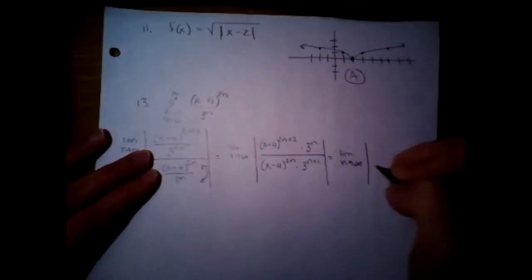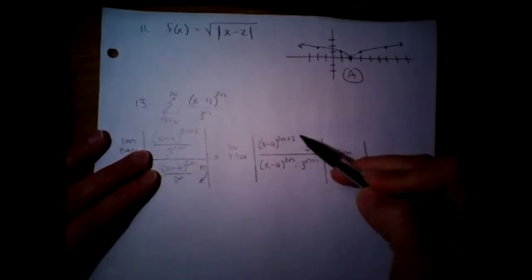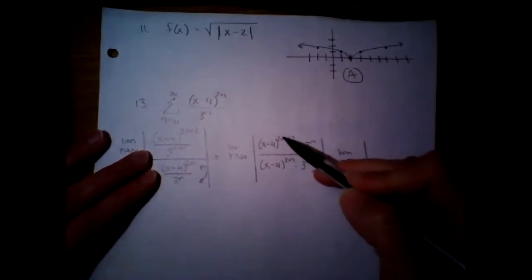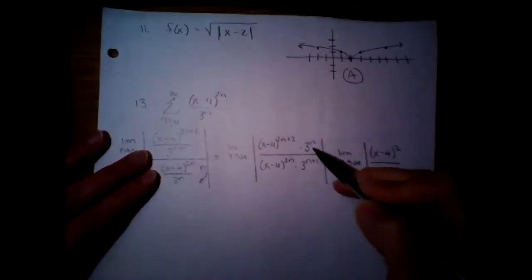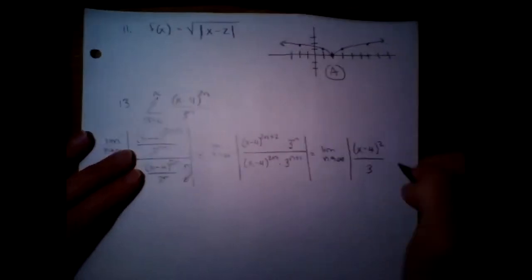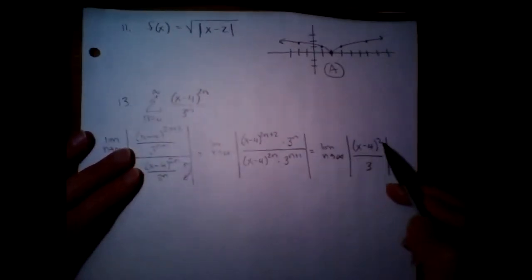Now we're looking for stuff that is going to cancel out. Or you could think of this as subtracting the exponents. When you divide, you're subtracting the exponents. So the 2 n's are going to cancel. You're just going to have x minus 4 squared. And then all the 3's are going to cancel except for 1. So just 3.